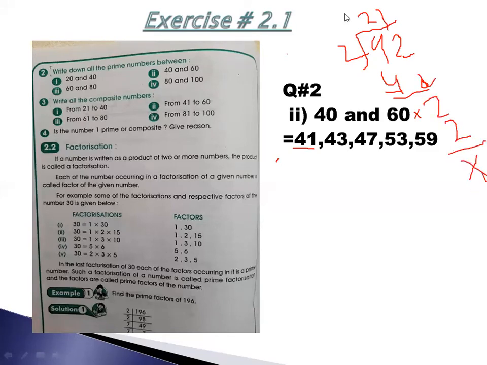So 42 can be divided by 2 as well. That's why we will not write 42 here because it is a composite number. Next is 43. 43 can be divided by only two numbers. Then you have 47, then 53 and 59. So these are the prime numbers that lie between 40 and 60. In question number 2, you have to write all the prime numbers that lie between the given numbers.